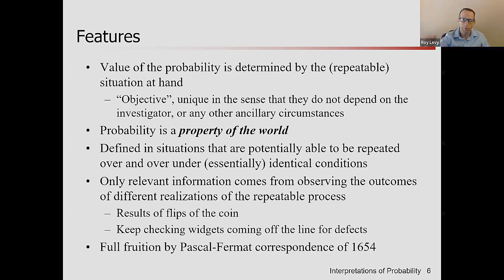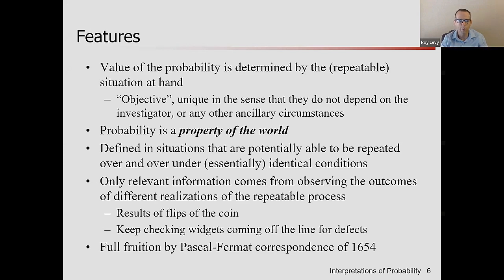In my little example, it's a property of the coin flip. Where is it defined? Situations that are at least potentially able to be repeated over and over and over under essentially identical conditions. What is the relevant information? Observing the outcomes, results of flips of the coin.